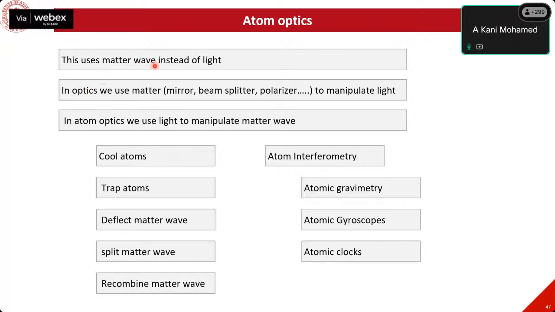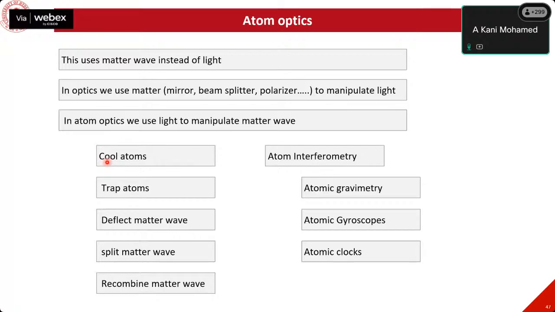But here we are going to use matter waves, and we can manipulate the matter waves by using light. So this becomes a one-to-one correspondence from optics to matter waves. It's a very simple idea: we are using matter waves and we are using light to manipulate the matter.